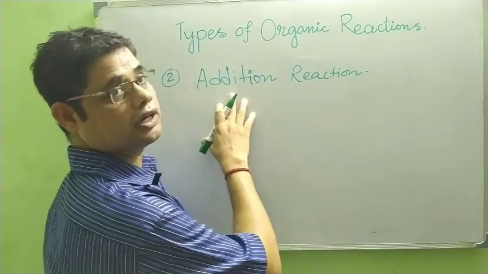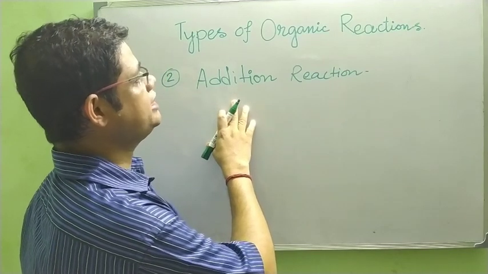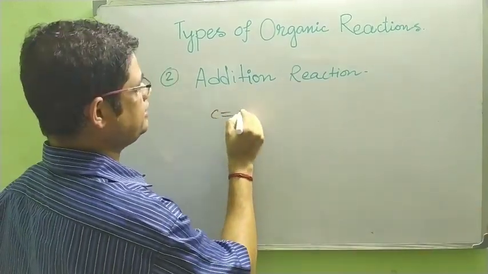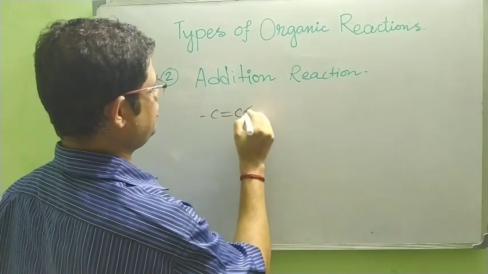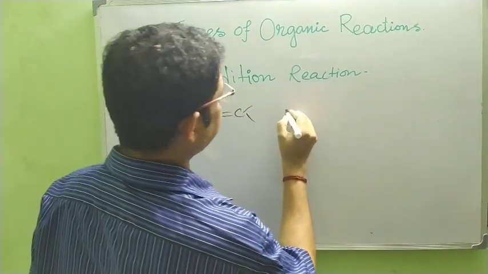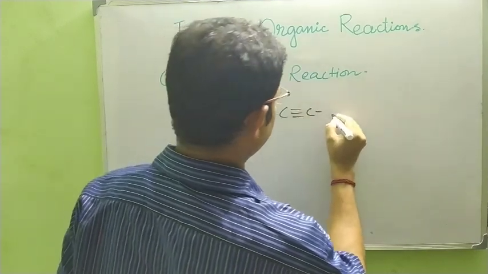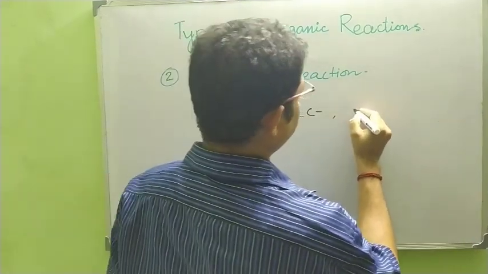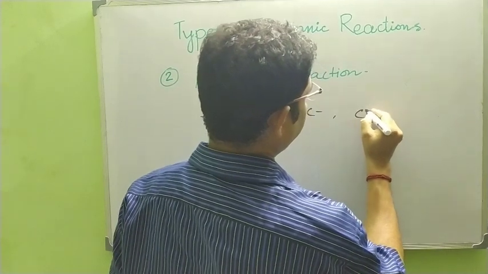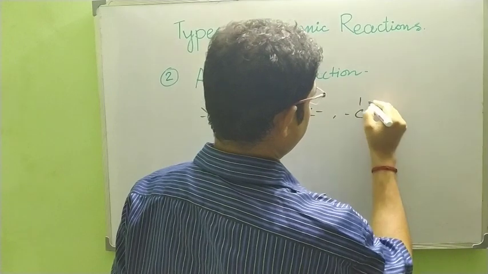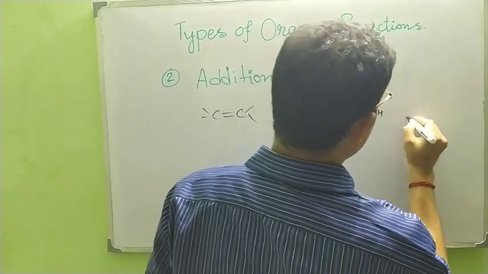The main functional groups that give this type of reaction are alkene, alkyne, aldehyde, ketone.